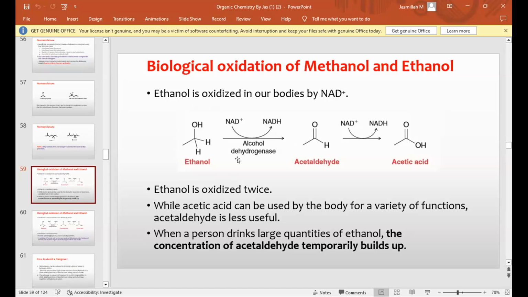The first time it's oxidized using alcohol dehydrogenase to give acetaldehyde, then the second time to give acetic acid. Acetic acid has a variety of functions in the body, but acetaldehyde does not have many. Once there's a large amount of acetaldehyde, that is when you hear someone complaining of a hangover, the way Patrick will be complaining tomorrow.